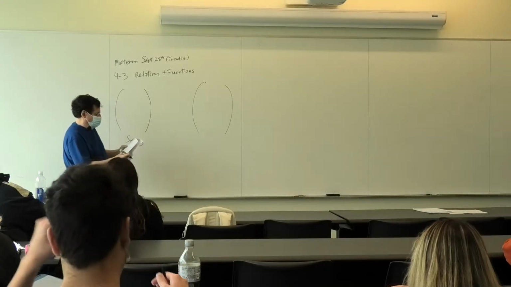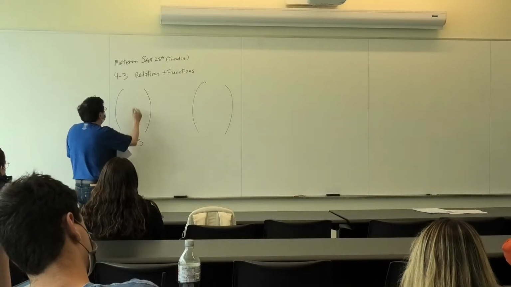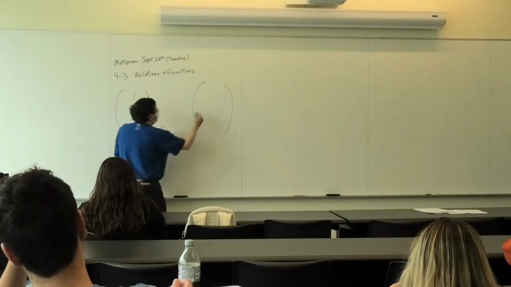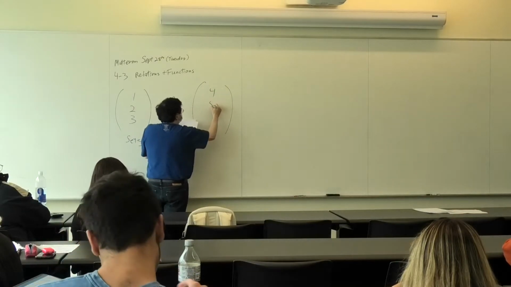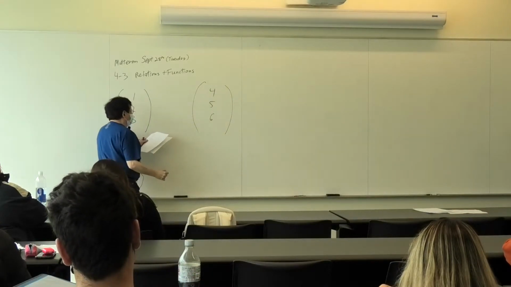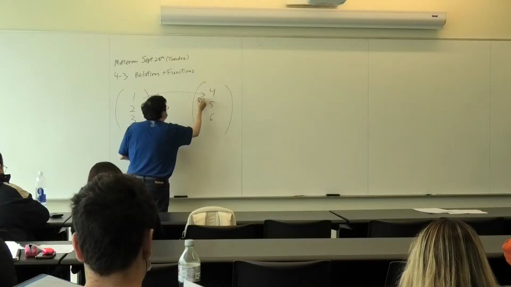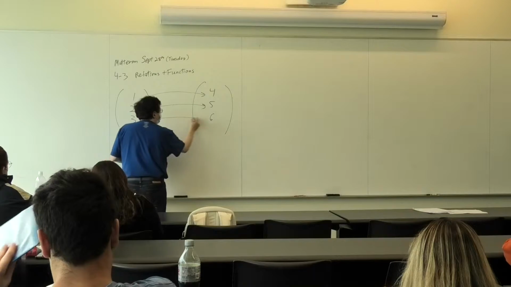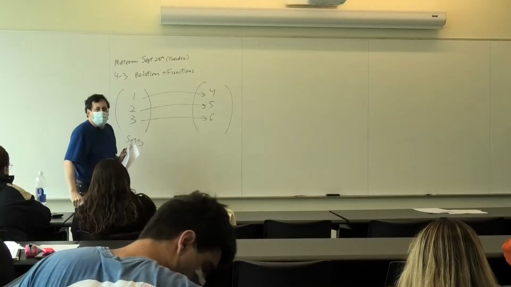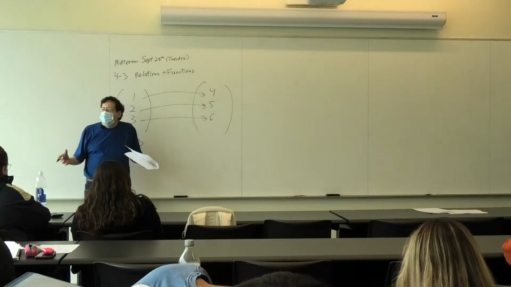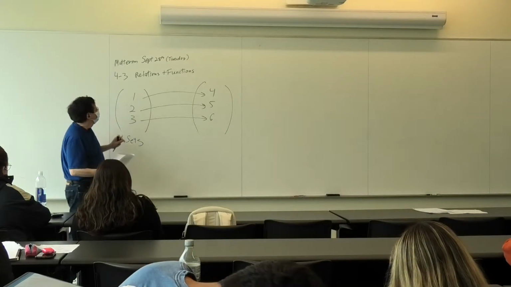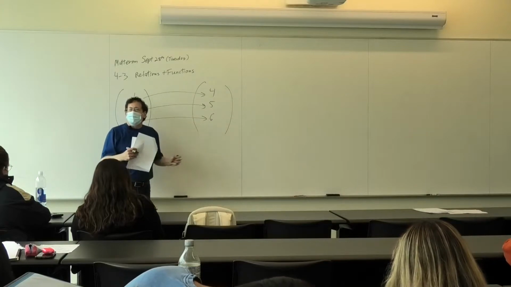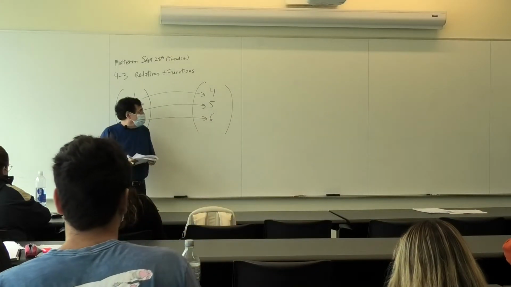So, just as a simple example, here I have a set of numbers and another set of numbers, and I could have some connection between them. 1 goes to 4, 2 goes to 5, 3 goes to 6. Again, the set could be people, and this could be their eye color. Right?